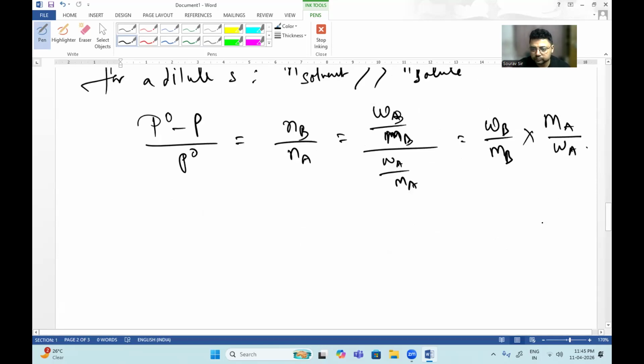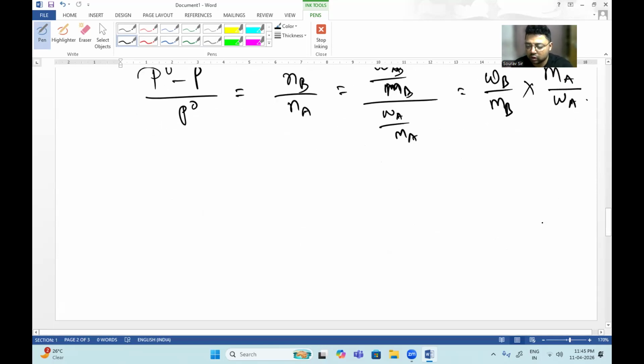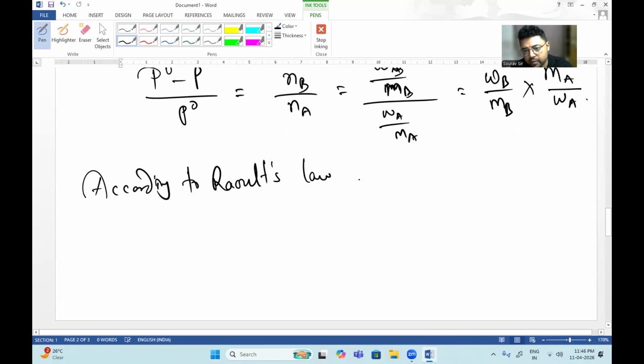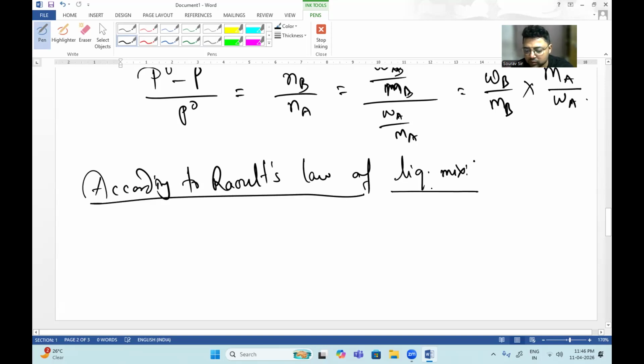So now we will go for the Raoult's law for liquid mixture. According to Raoult's law of liquid mixture, what does it say?